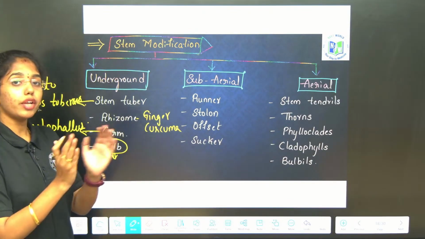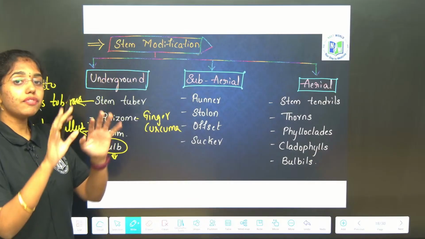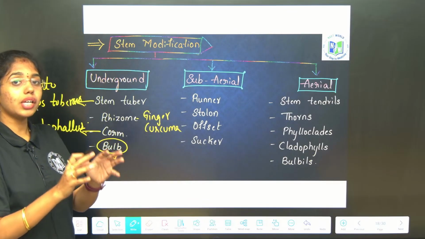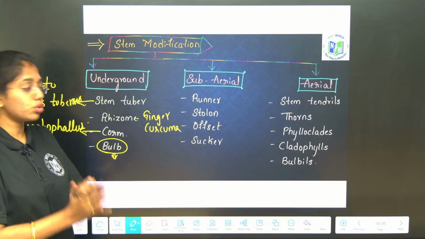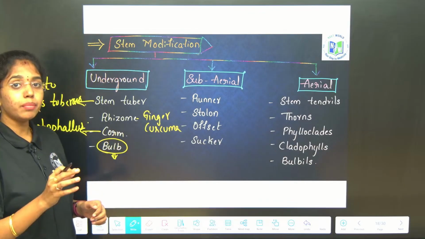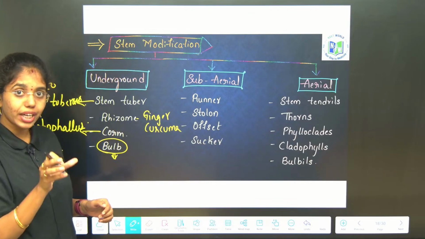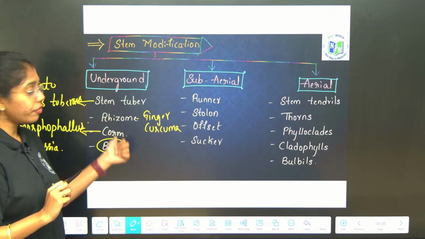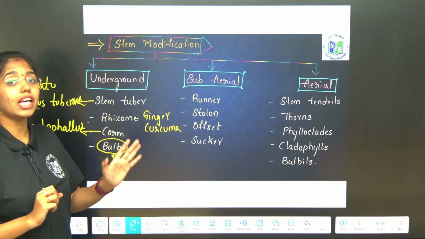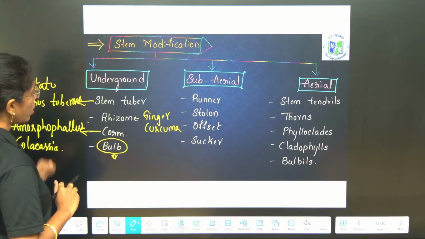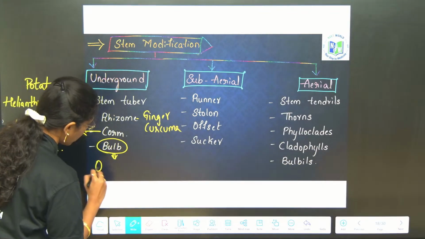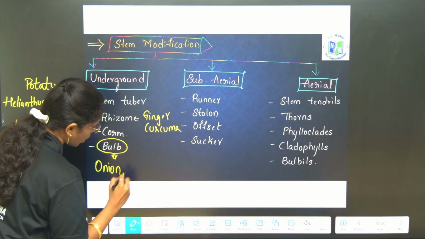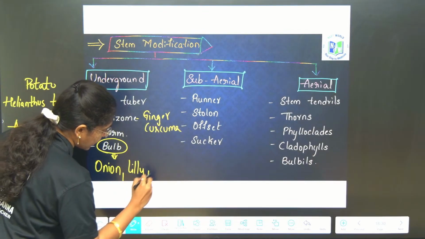Where stem is modified to disc-like structures, leaves are arranged as concentric scaly leaves around that reduced stem. In corm, this is unbranched and grows vertically beneath the ground. Modifications, you have to remember, we can expect a statement based question. So here in bulb, what are the examples, beta? Onion, lily and garlic.